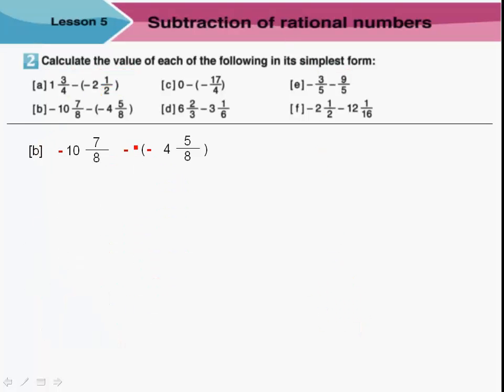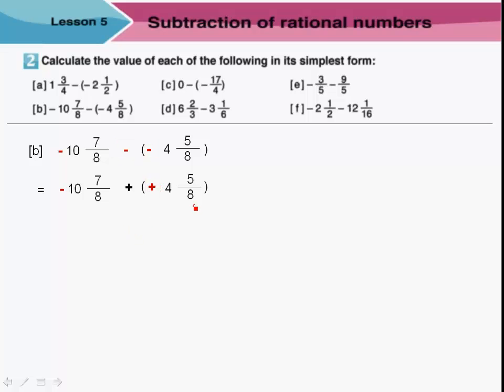Number B. I write it here. I told you, change the subtraction of rational number to adding of rational number. So minus will become changed to plus, and in this case we must change also this minus to plus, otherwise it will be wrong.